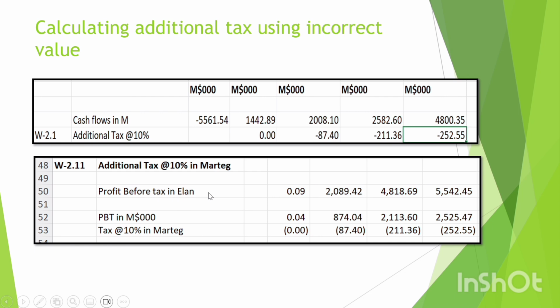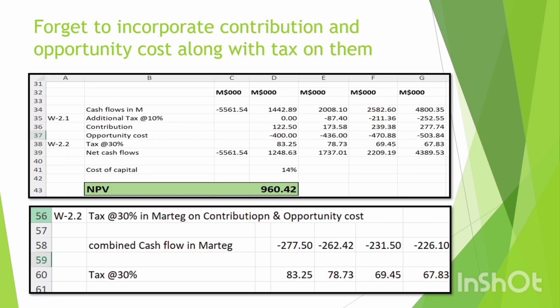So we have to be extra vigilant while calculating the additional tax part, on which value we are calculating. I am emphasizing this very much, because when I was doing this, I saw this was one of the major challenge points, that we do the calculation using a different value. Moving to the next one.